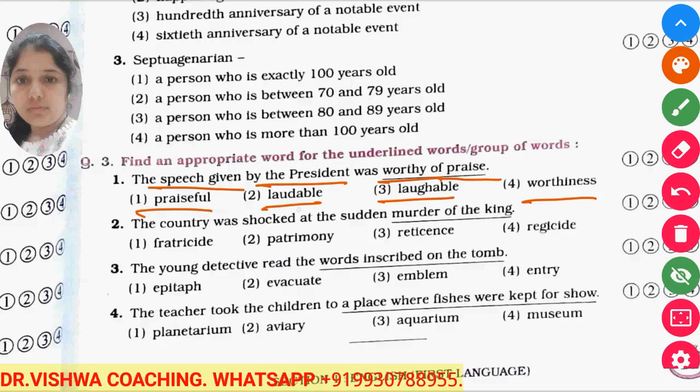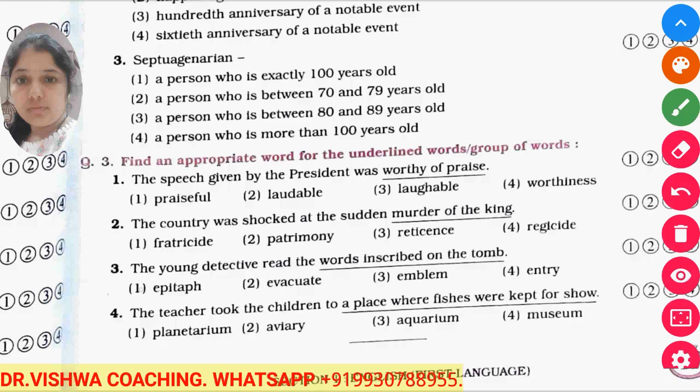So the correct option here for the group of words is praiseful. Worthy of praise means it is praisable. So praiseful is the correct option here.